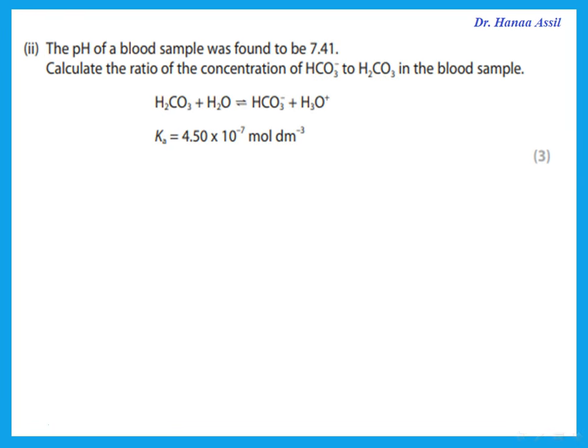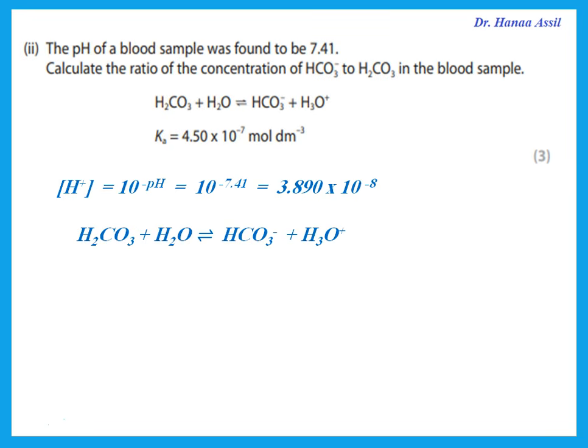The pH of a blood sample was found to be 7.41. Calculate the ratio of concentration of HCO3 minus to H2CO3 in the blood sample. And he gives me the Ka. Remember that concentration of H plus is 10 to the minus pH. He gives me the pH as 7.41, so it's 10 to the minus 7.41, and that gives me the concentration of H plus ions.